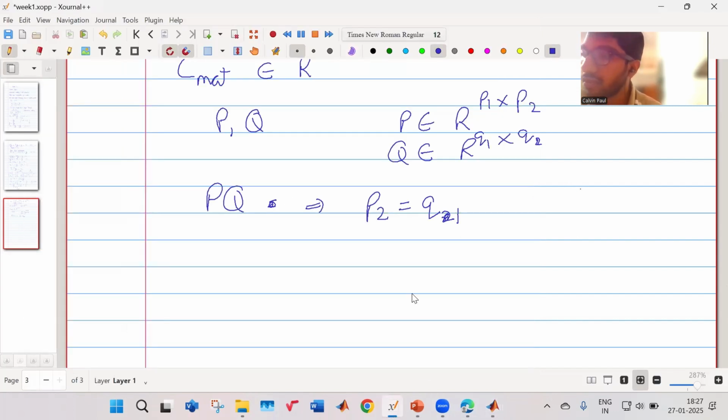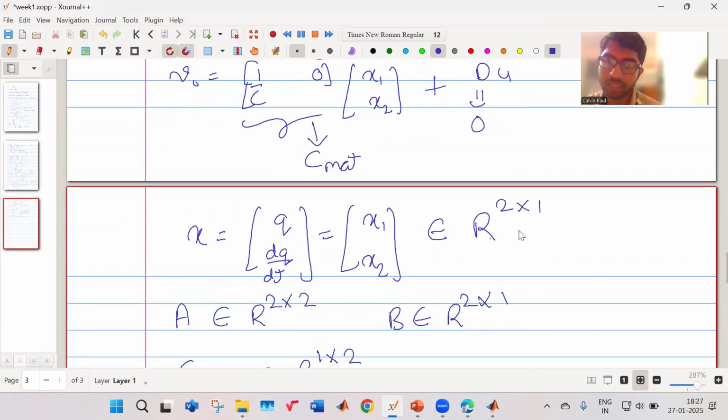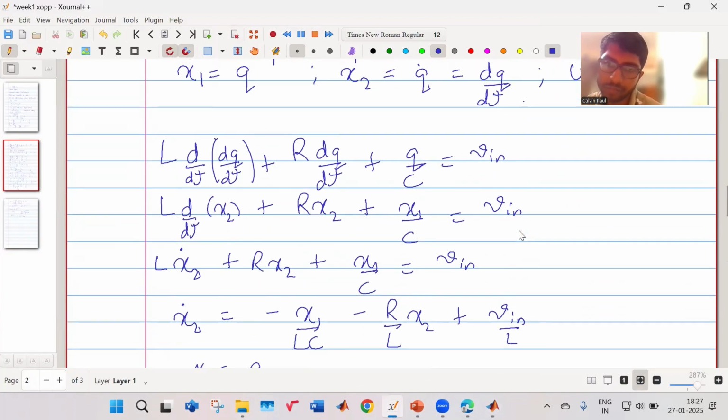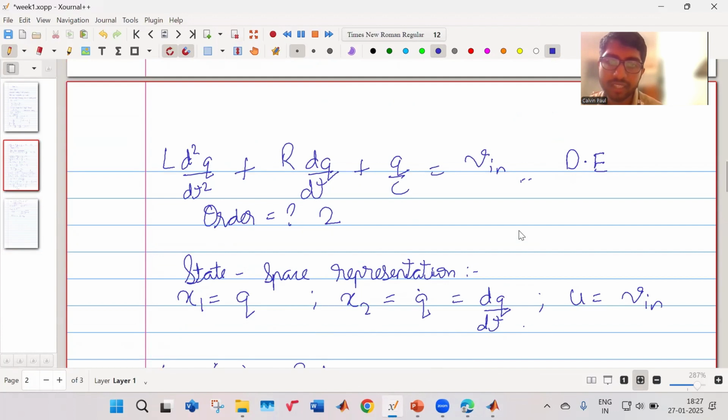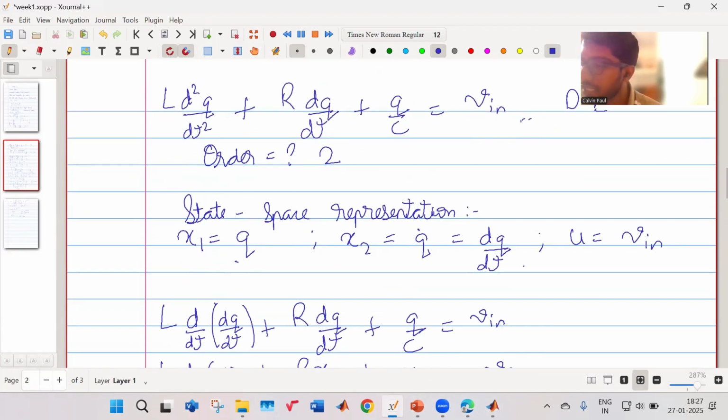Okay. While the installation is going on, I would like to add certain stuff. I have taken the states as q and dq by dt. Are these the only representation possible, or can I choose other states also?